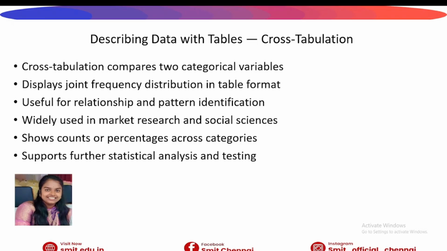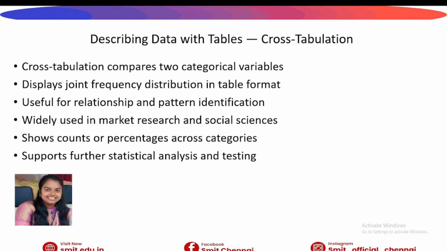This is a method of summarizing and analyzing the relationship between two or more categorical variables by displaying their frequencies in a table format. Let me discuss what cross tabulation is. It shows how the categories of one variable intersect with the categories of another variable, making the relationship easy to observe.